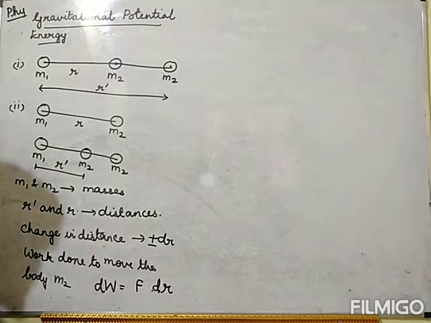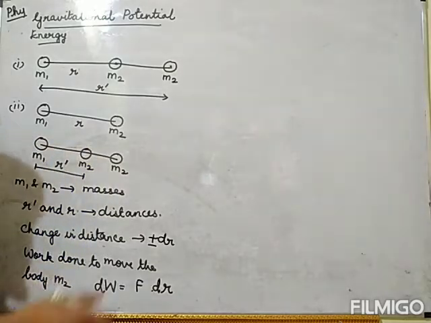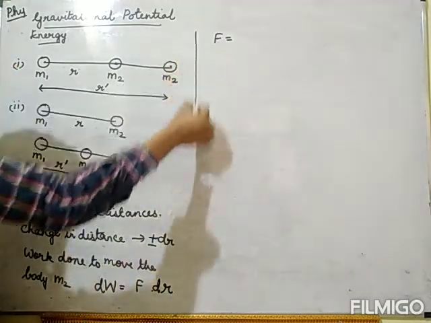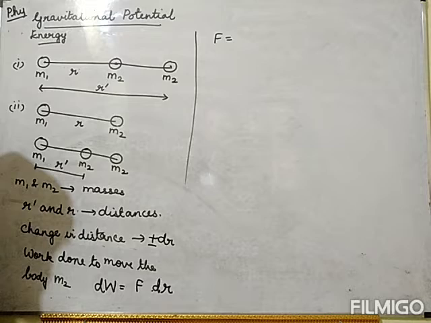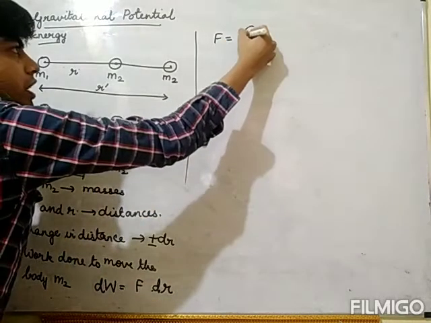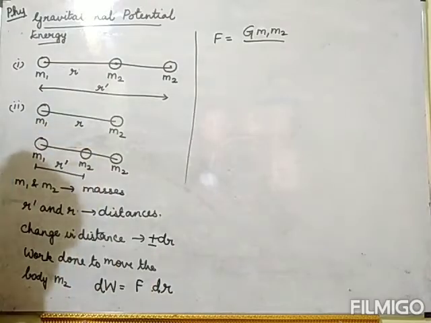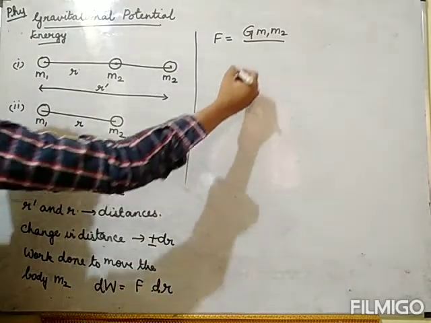Now what is the formula for force? According to Newton's law of gravitation, F is equal to G m1 m2 divided by r square.